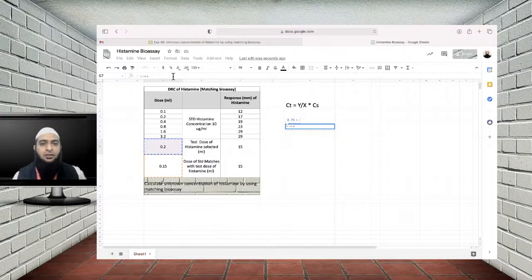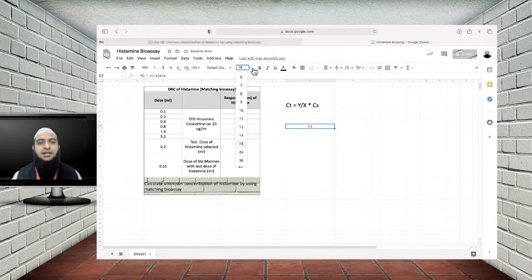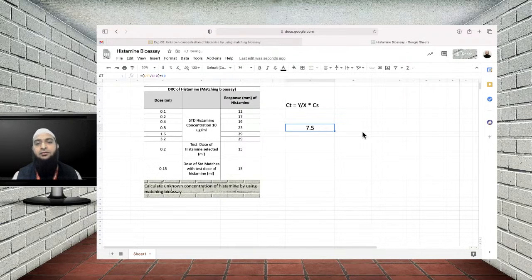Then all this value I am simply putting into the bracket, and that will be multiplied by CS, the concentration of the standard. How much is it? It is 10 micrograms, so that will be multiplied by 10. Simply I am multiplying that value by 10. Now you can see you got the value, that is 7.5. This 7.5 value you got is the unknown concentration in microgram per ml.